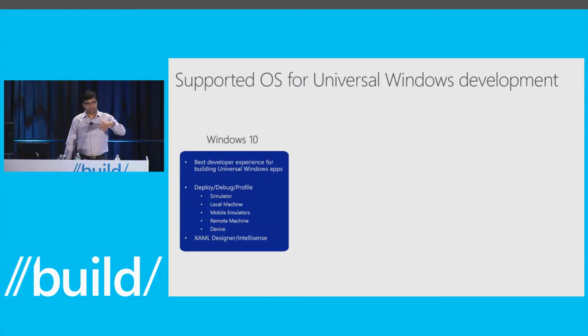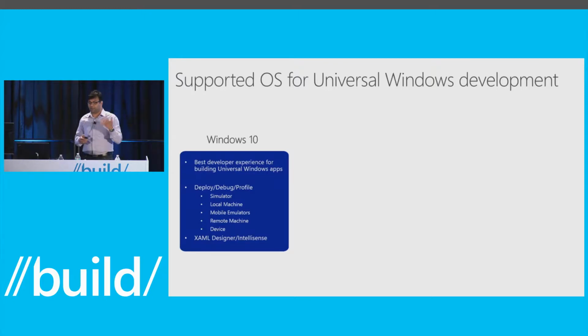You can run your application in a simulator, on the local machine, or use the mobile emulators to see how your application will work on a phone device. You can use the remote machine scenario to run your application on a remote PC or an Xbox or an IoT device. And you can also use a connected phone device to do IP over USB and deploy your application to a hardware phone device, right? So when you are running on Windows 10, all these deployment targets are supported.